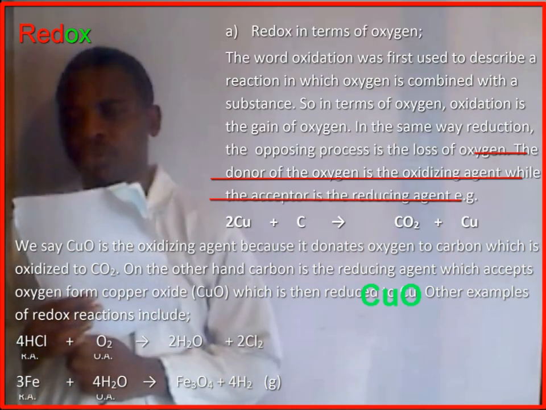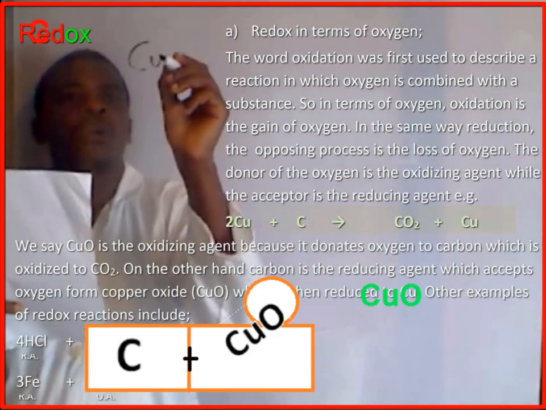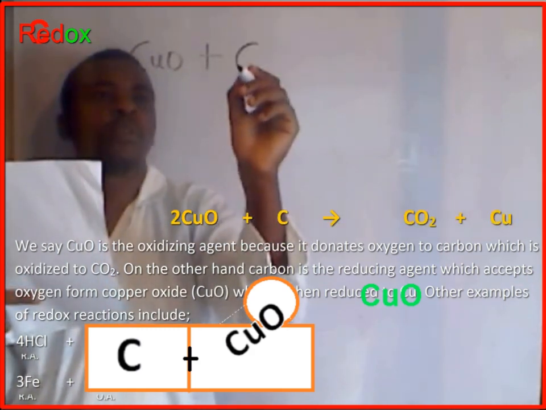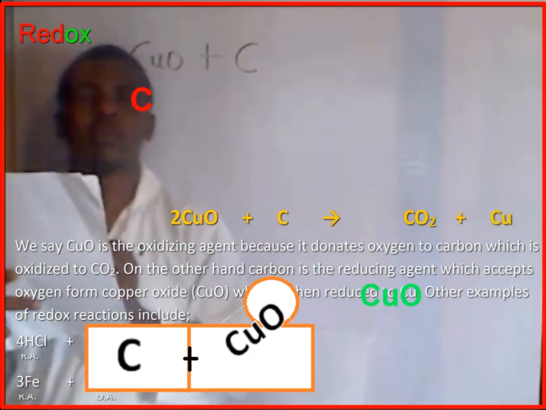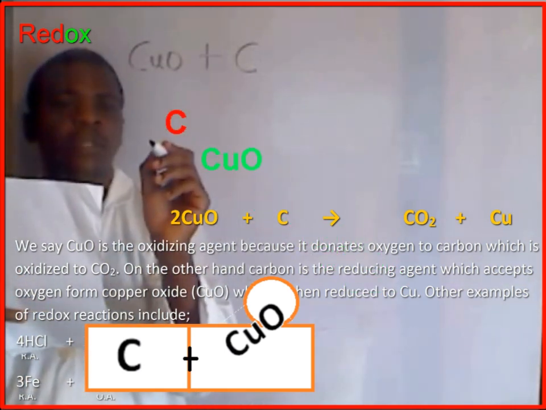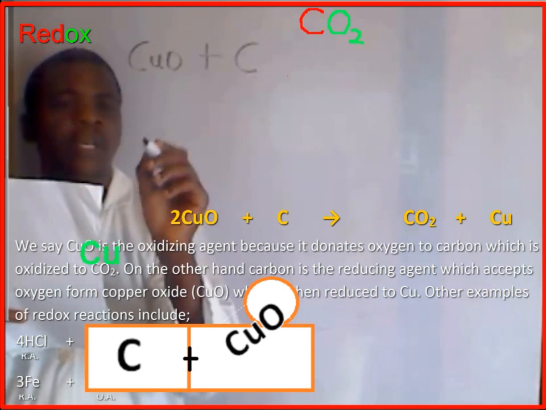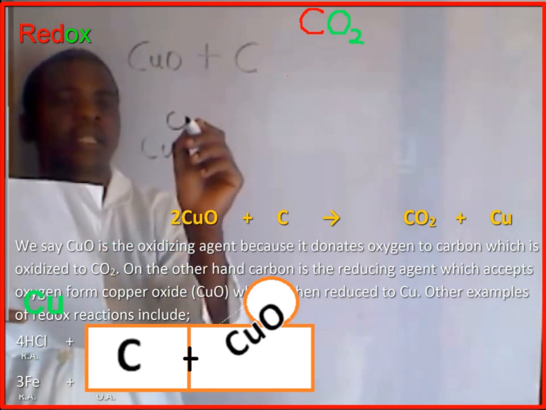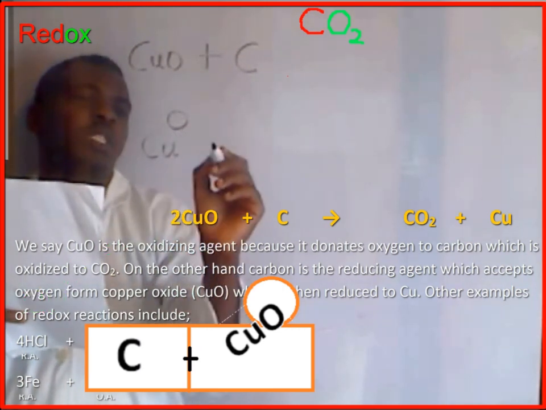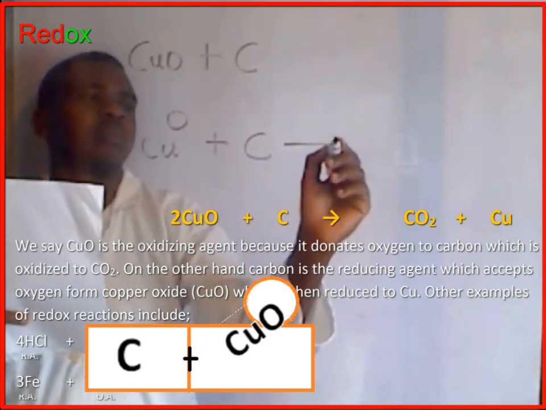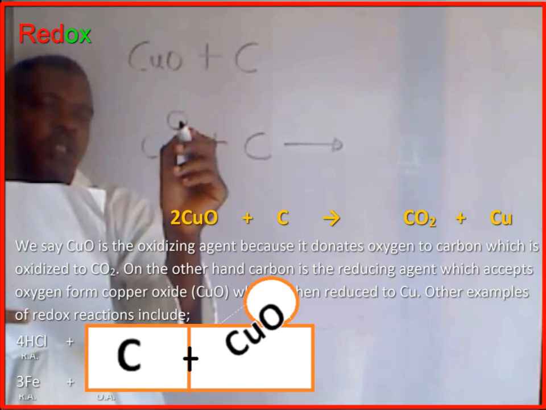Example: copper oxide reacting with carbon. So what do we see here? We see here that copper oxide donates oxygen.